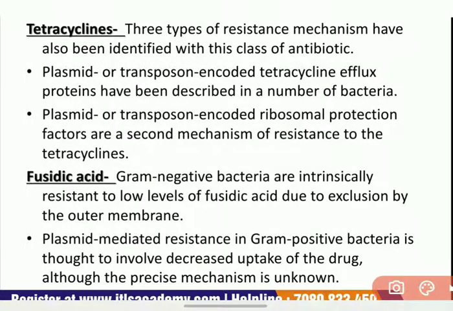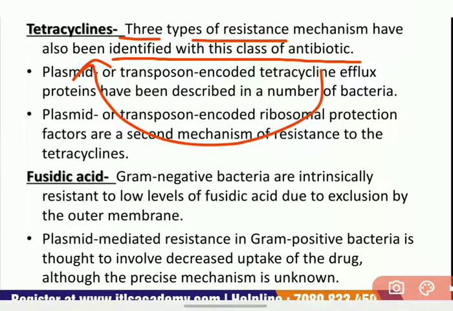Next antibiotic is tetracyclines. Three types of resistance mechanism have also been identified with this class of antibiotic, that is tetracyclines.